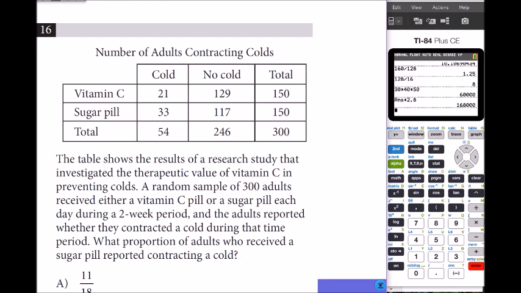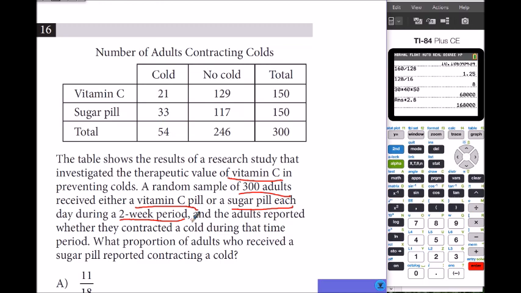So 16, the number of adults contracting colds. The table shows the result of a research study that investigated the therapeutic value of vitamin C in preventing colds. A random sample of 300 adults received either a vitamin C pill or a sugar pill each day during a 2-week period.